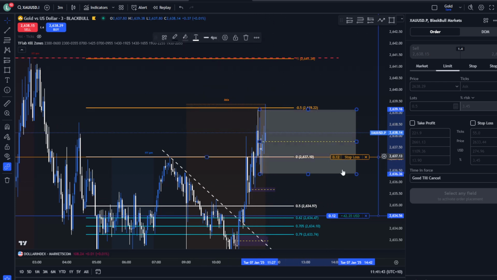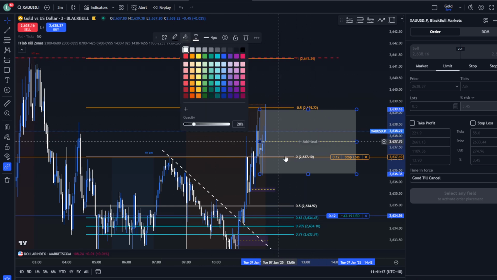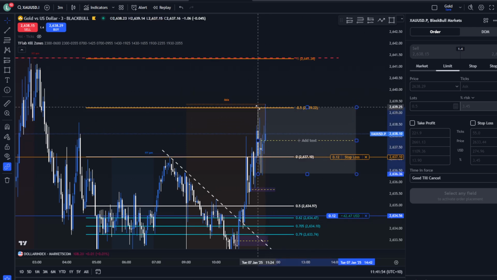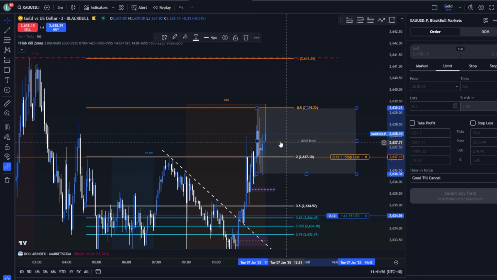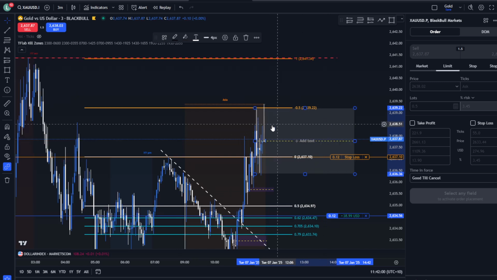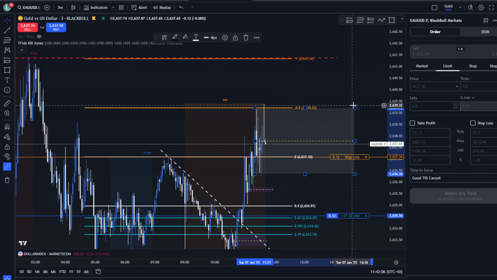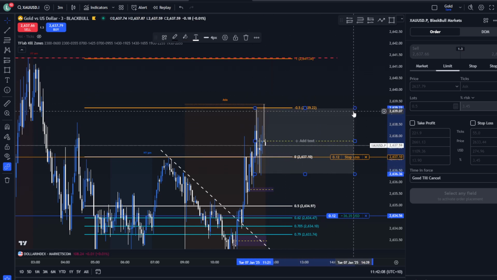Let's change the color. So I would say it's not unlikely that price might, even if it does continue going up, get close to the bottom of these candles before it goes up and takes another high, and our stop loss will definitely get hit if that does happen.